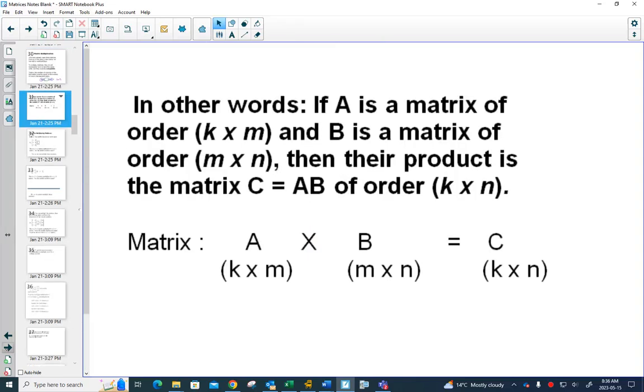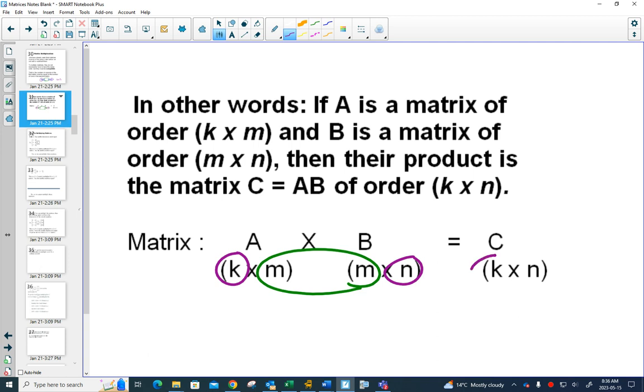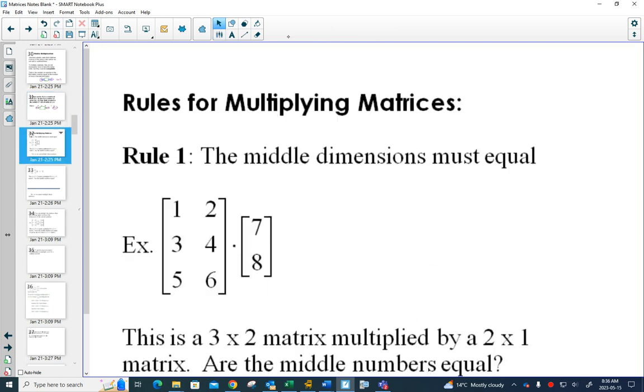So again, here is the same idea. These numbers have to be the same, and there is the size of your answer. The way that it works, first we're going to check the dimensions.